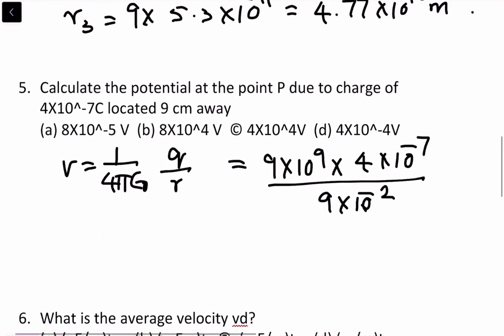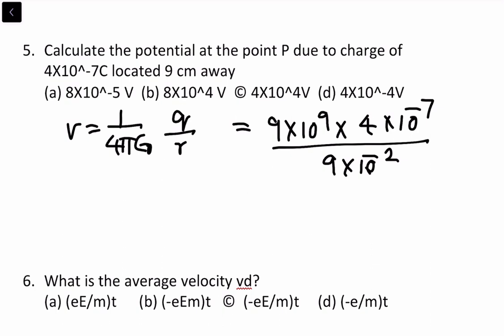Then once we simplify it, you can clearly see that you can cancel out 9 and 9, and you will get 4 into 10 to the power of 9 minus 7. When this 10 to the power of minus 2 goes up, it becomes plus 2.